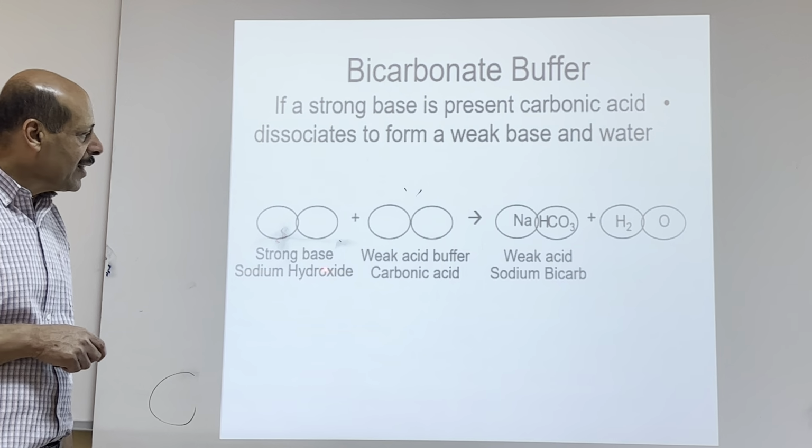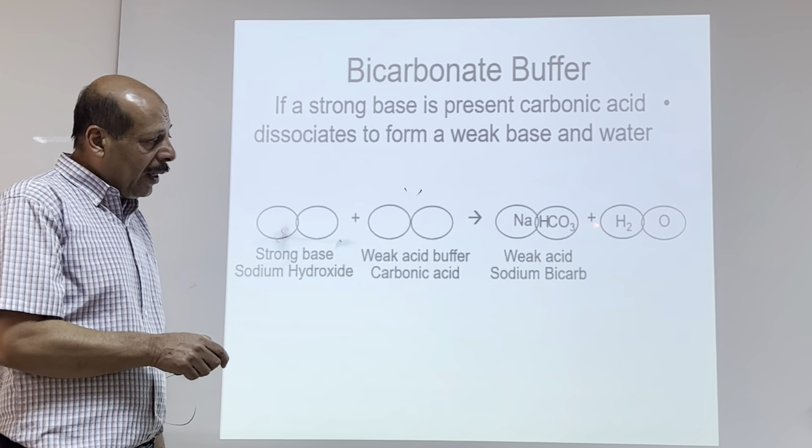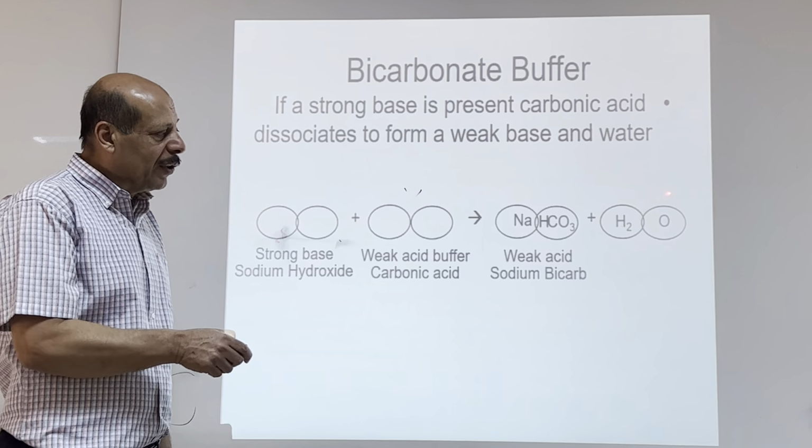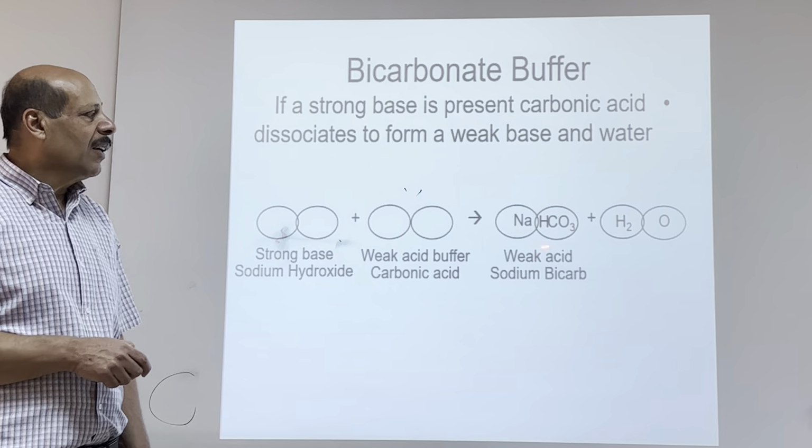So strong base and weak acid will give a weak base and water.